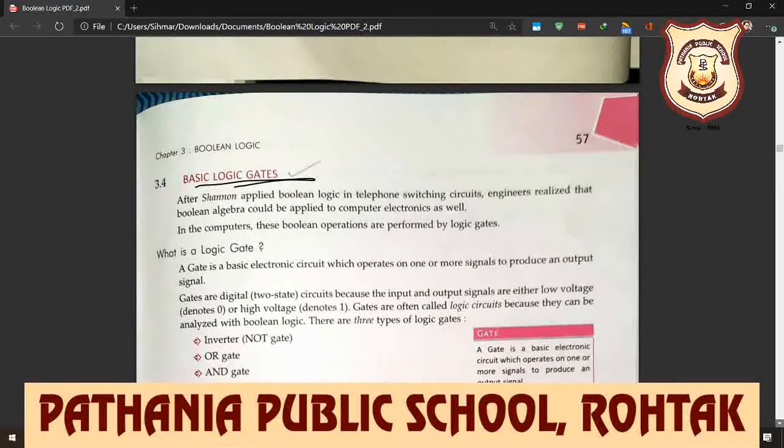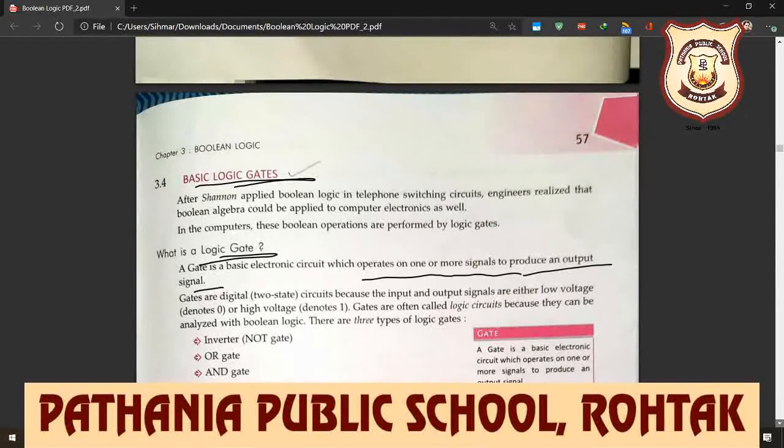Basic logic gates. What do you mean by the gate? What is a logic gate? A gate is a basic electronic circuit which operates on one or more signals to produce an output signal.